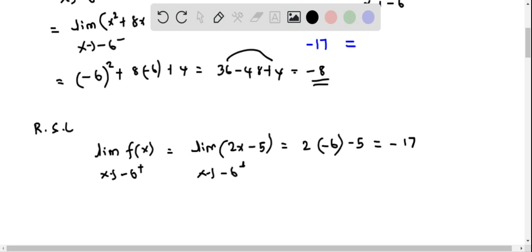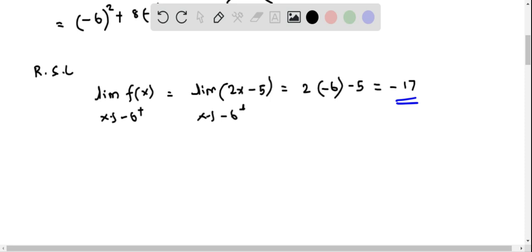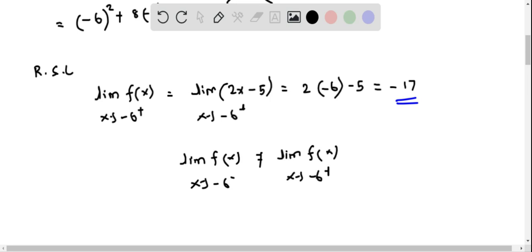So clearly the left side limit, which is negative 8, and the right side limit, which is negative 17, these two are not equal. So we say that the limit does not exist. That is, the limit of f of x as x approaches negative 6 from the left is not equal to the limit of f of x as x approaches negative 6 from the right.